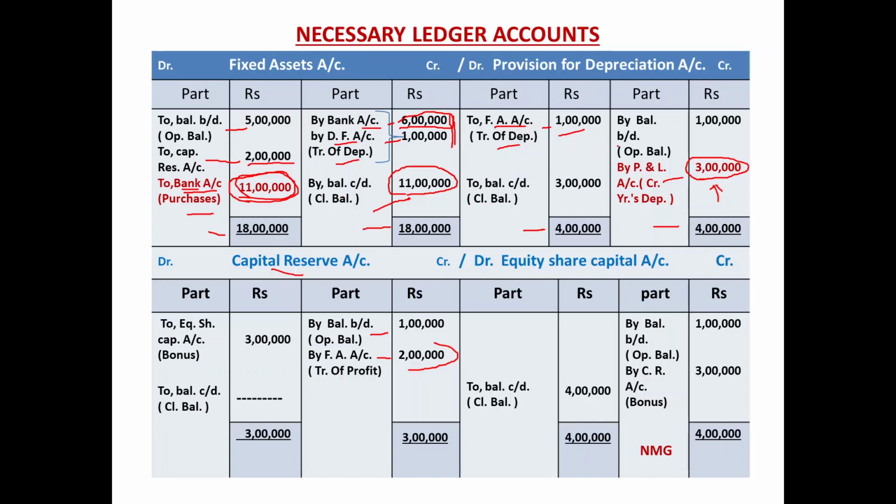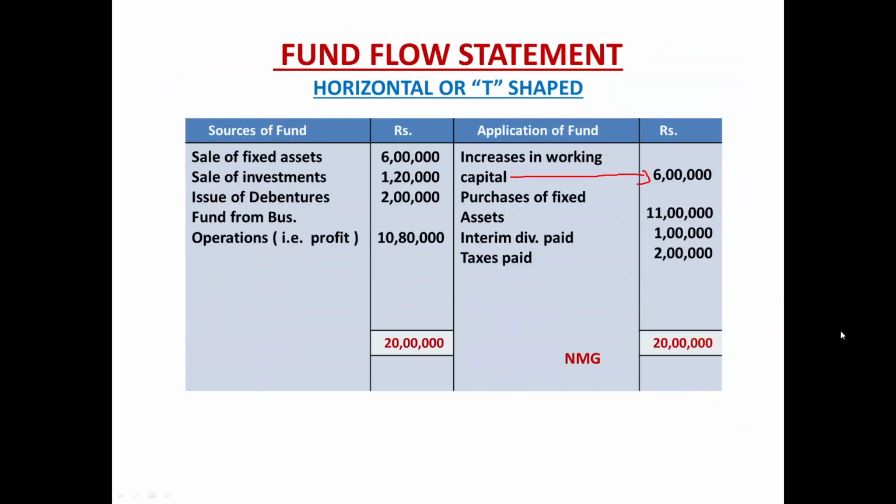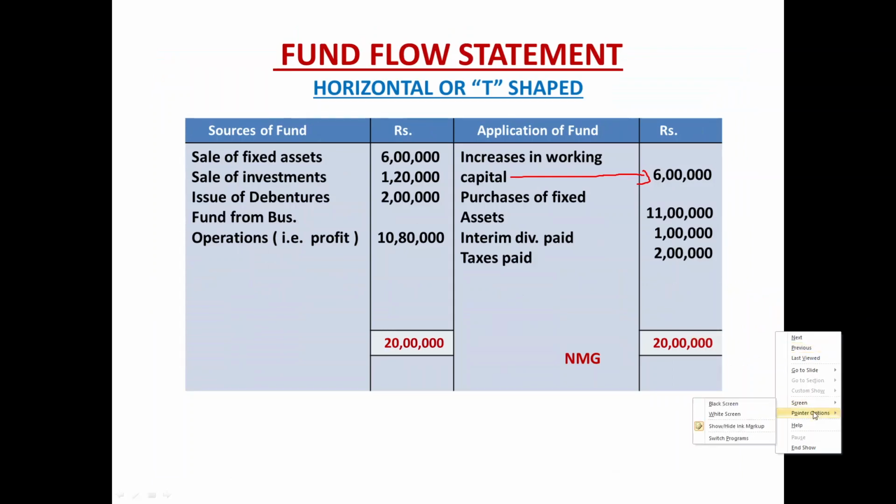While in the provision for depreciation account, title came profit and loss, current year's depreciation. You know it very well, it's a non-cash item. So we have to add back this 3 lakh rupees in the adjusted profit and loss account on the left hand side, on the plus side. Let us do it. Fund flow statement first.